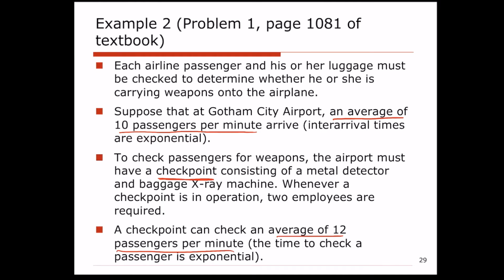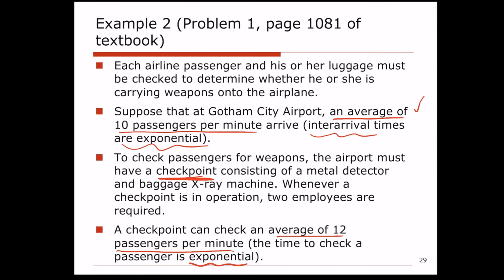So the service time for each, or the time for the security check of each passenger, is also exponentially distributed. Similarly, we know that on average 10 passengers per minute arrive to the system, and the inter-arrival times are also exponentially distributed. And one other thing that we know about the system is that this system has only one checkpoint, which has one X-ray machine and 2 people that are working in the area.